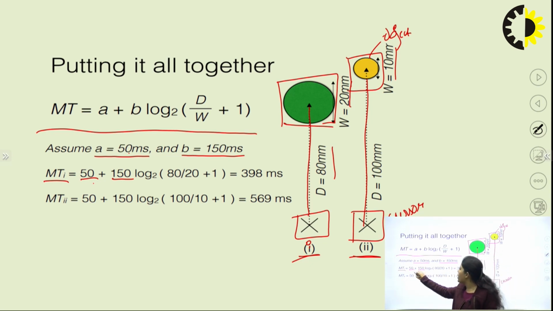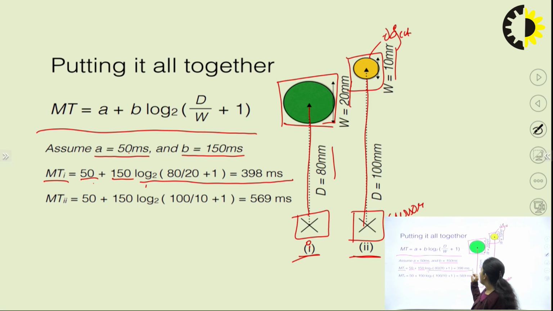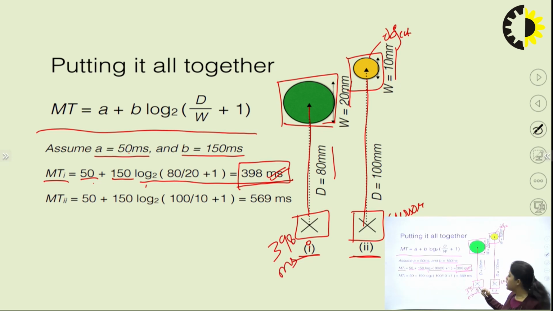By calculating this, we get a time of 398 milliseconds, because movement time is calculated in milliseconds. So it will take 398 milliseconds for the cursor to reach the object.